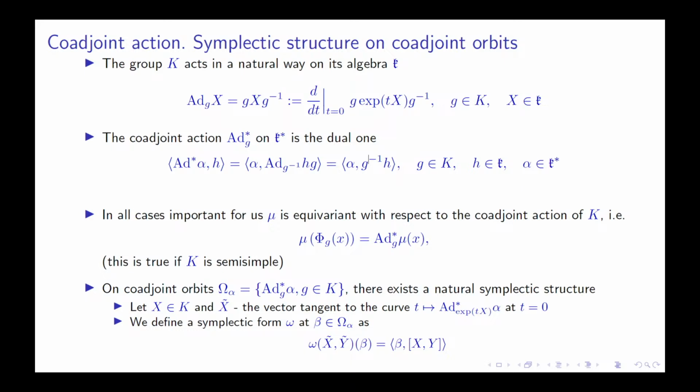This is the formula, and in all cases important for us, the mu constructed previously is equivariant with respect to this adjoint action. This is true in all cases which will be interesting for us, especially for semi-simple Lie algebras.